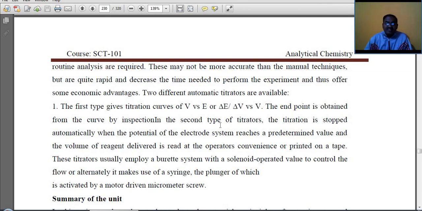These titrators usually employ a burette system with a solenoid operated valve to control the flow, or alternatively make use of a syringe, the plunger of which is activated by motor driven micrometers.